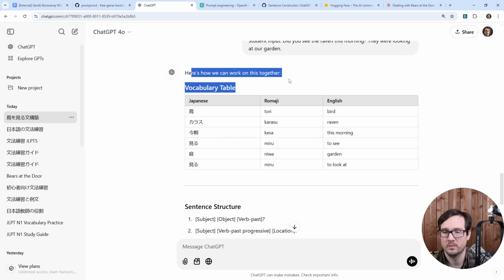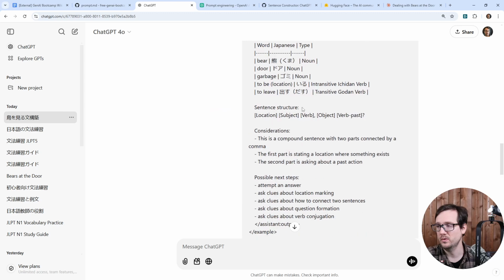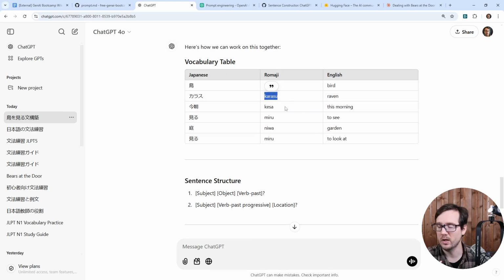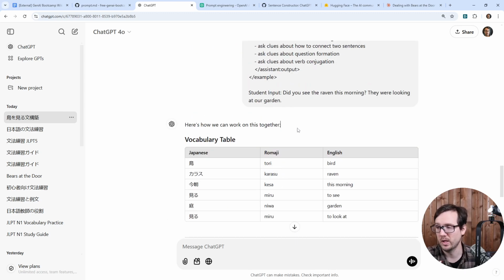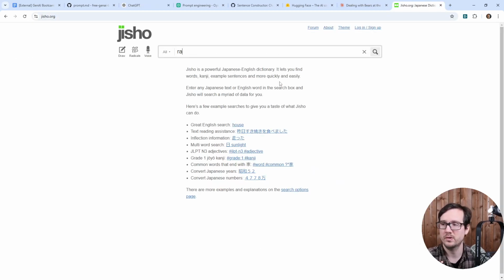It did give us, sometimes it's really hard to get it to not do this, and you'd have to provide it more examples, basically. So now it says Tori, and then we have Karasu, so it's interesting that it's using a variant of it, but I guess that still kind of works. We can go to the Japanese dictionary and find out what raven is. Raven.